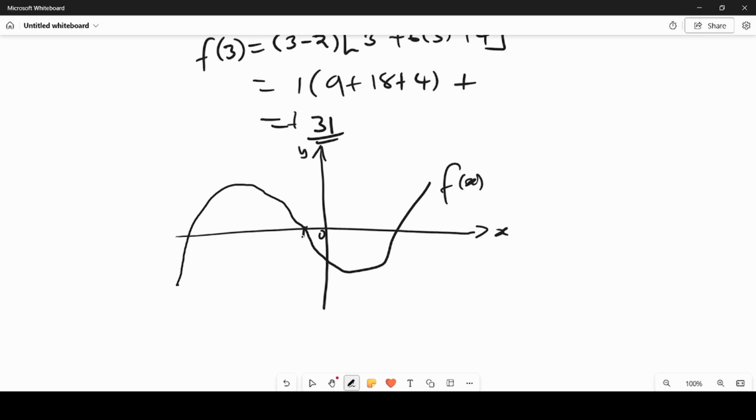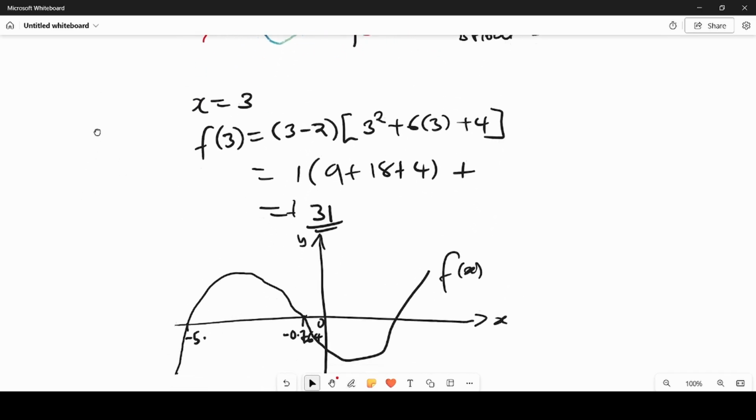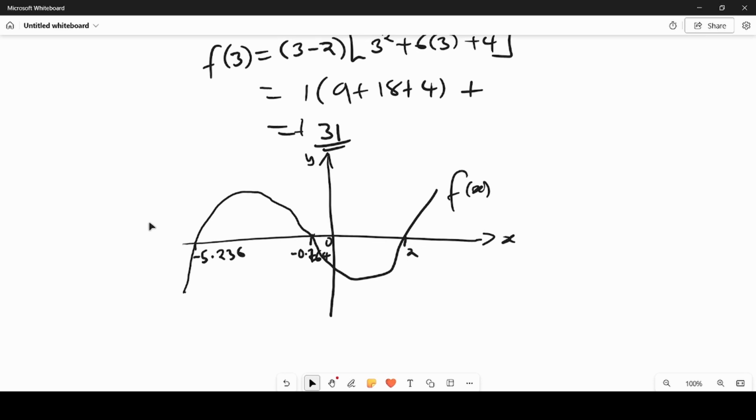Then this is minus 0.764, this is minus 5.236, and this is a 2, and this is the actual sketch that we need.